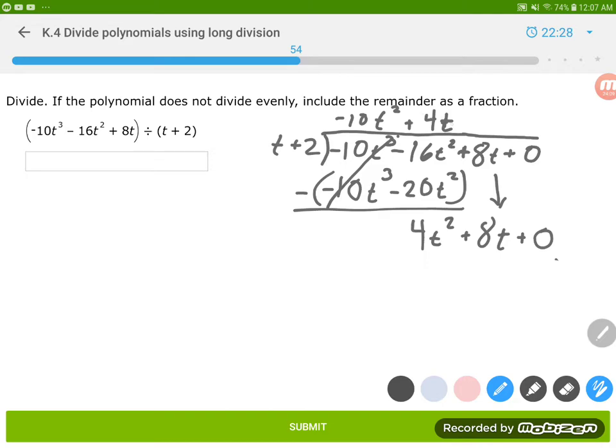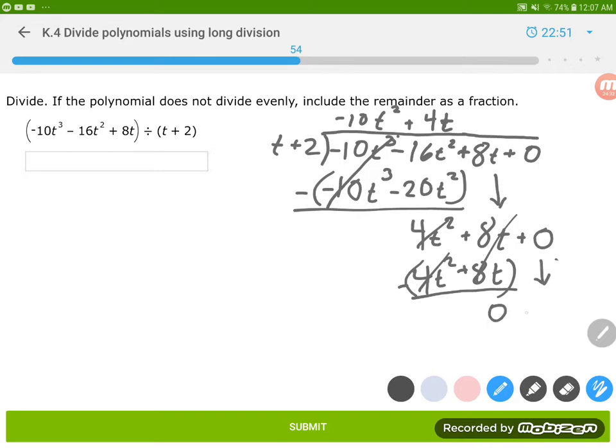So I have 4t, which can now go multiply t, which will give us 4t squared, and notice we're repeating the process. 4t times 2 is going to be 8t, and that's good because as you notice, these are going to completely subtract, giving us 0 as a remainder.